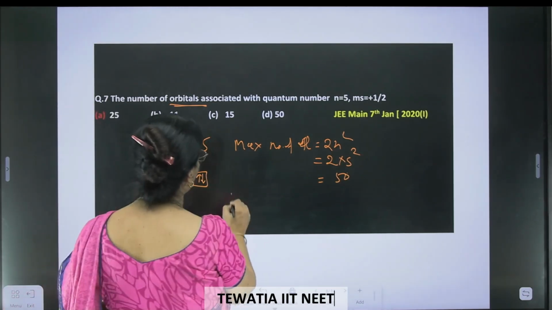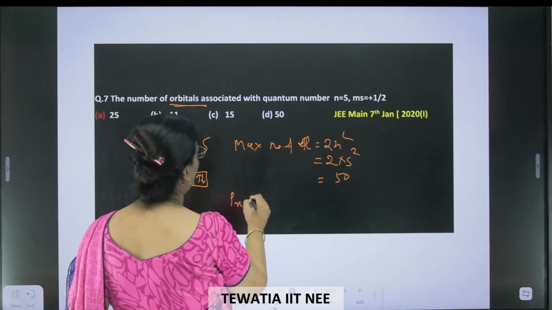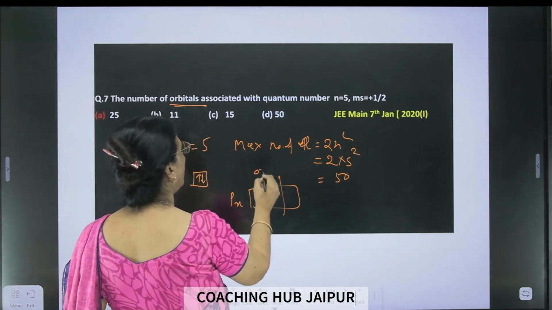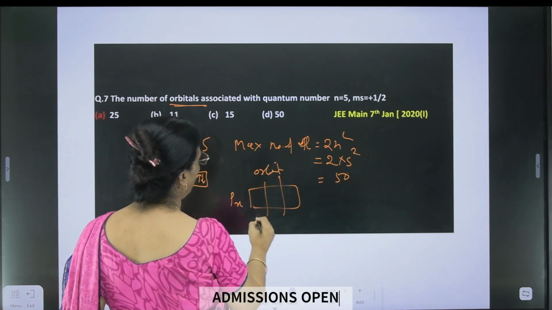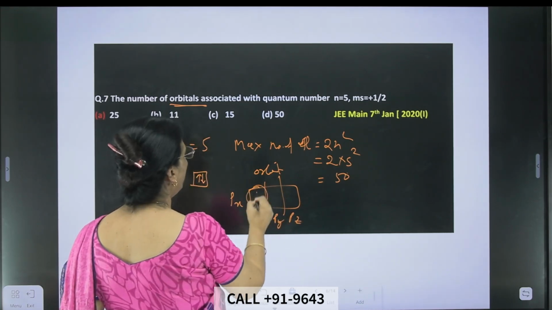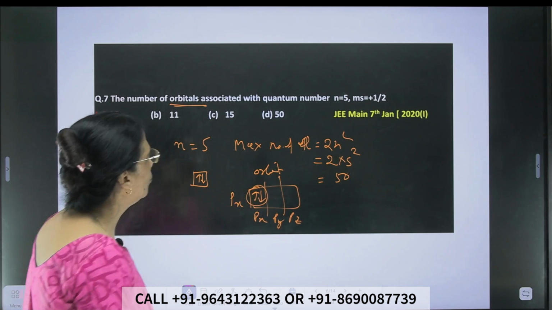Here, if you are saying px orbital, py orbital, pz orbital, one orbital has the maximum capacity to accommodate 2 electrons.